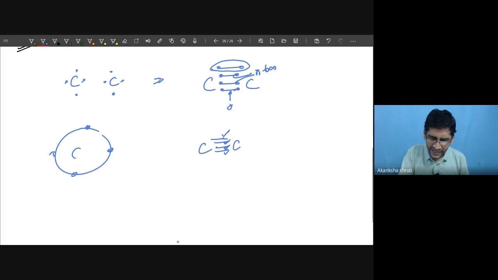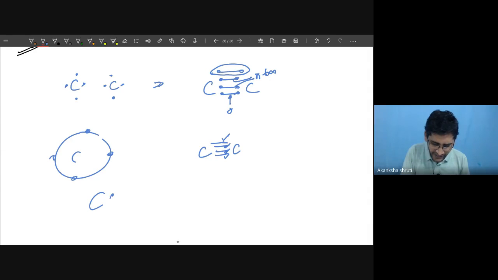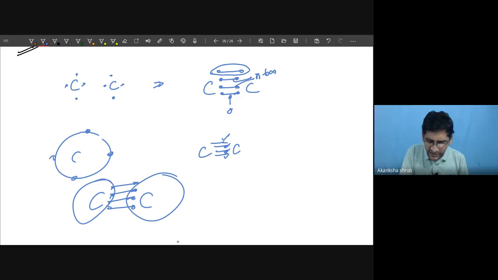But forming such 4 bonds together, all have to align together. They have to come in one line, and for the other carbon, they also have to come in one line. Are we getting? If the orbit is circular, then while they are coming in one line, this repulsion increases so much that it cannot form a stable bond.